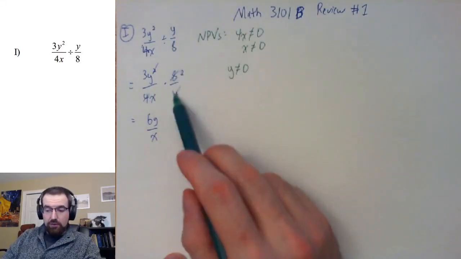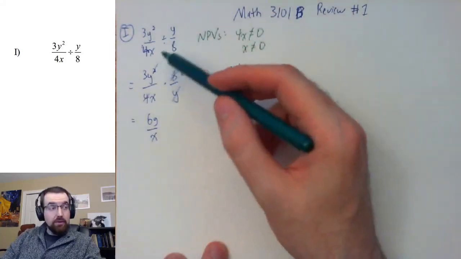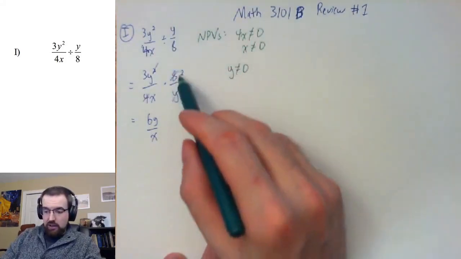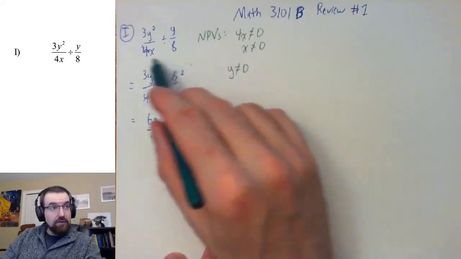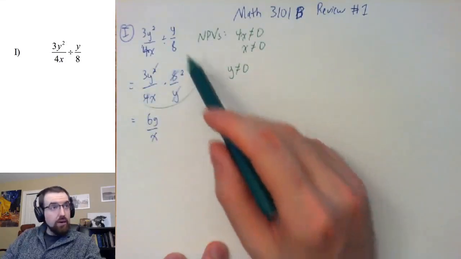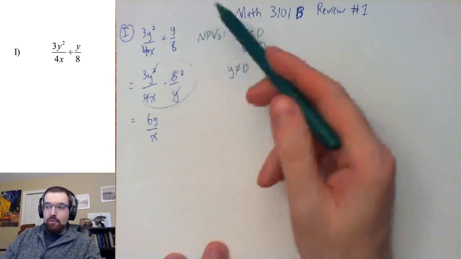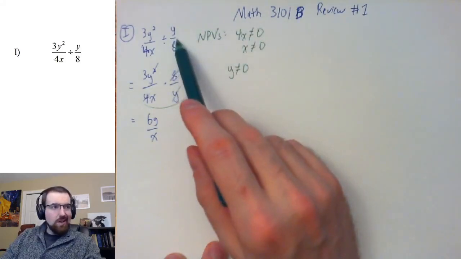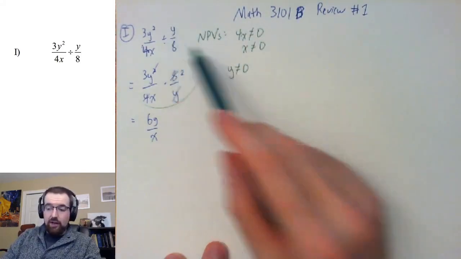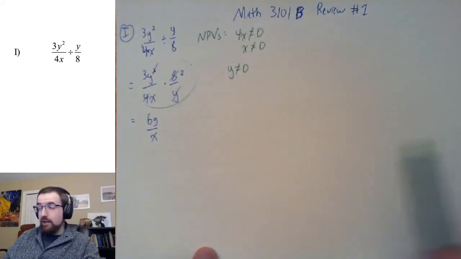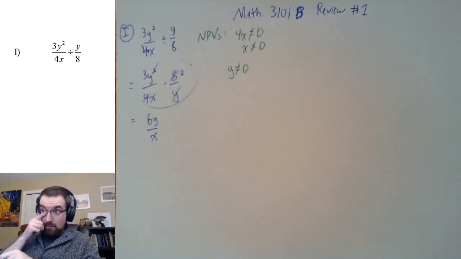Usually you multiply by the reciprocal. You could treat this one as the original form if you want, because all I've done is flip it. But we can't divide by 0, so we also know that y cannot equal 0 in this question.